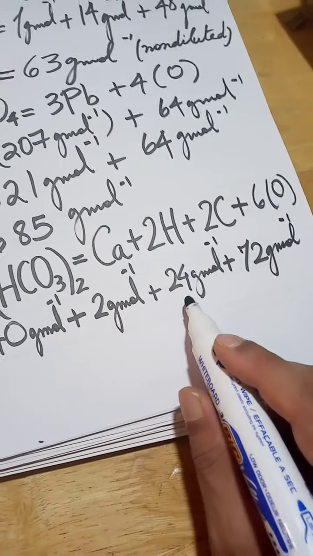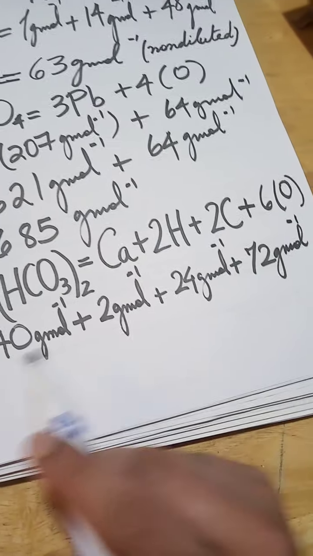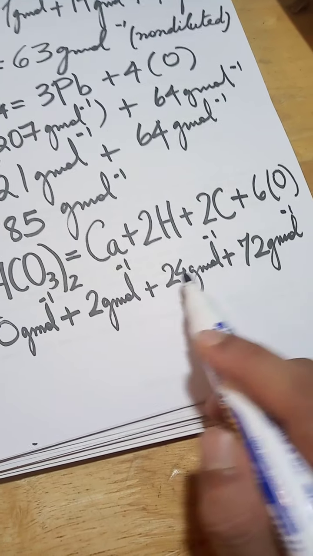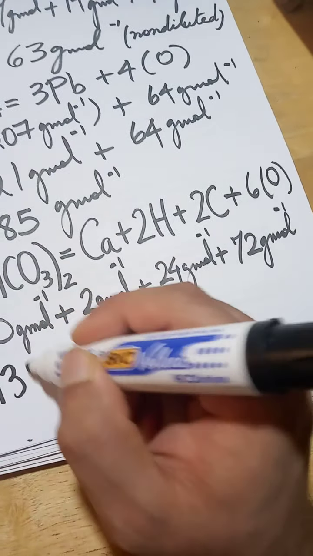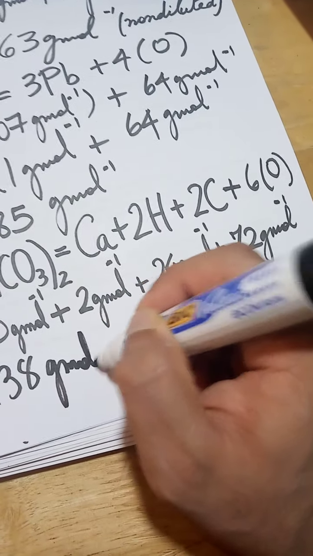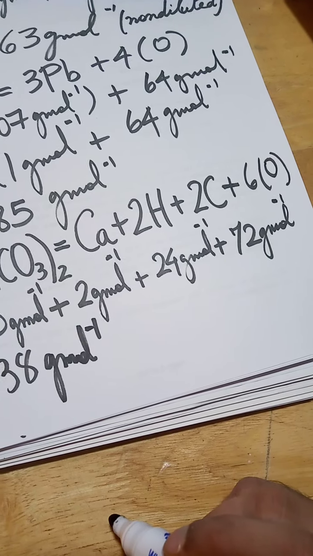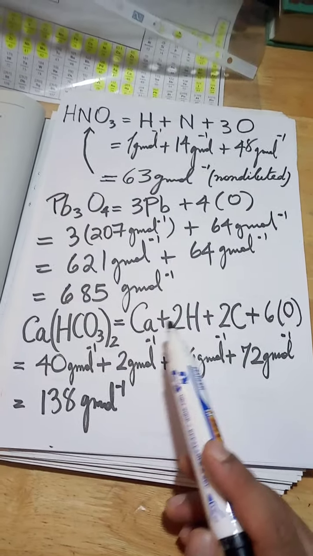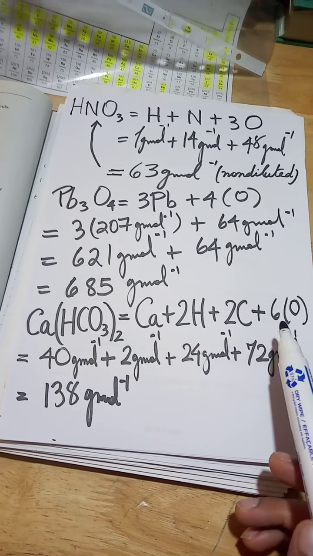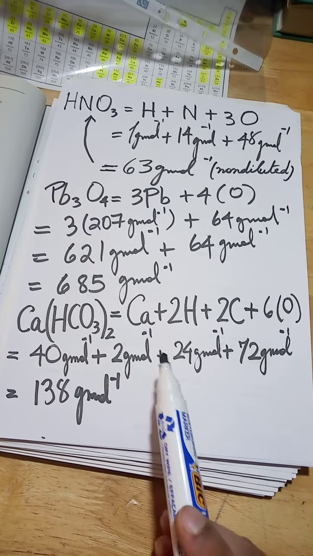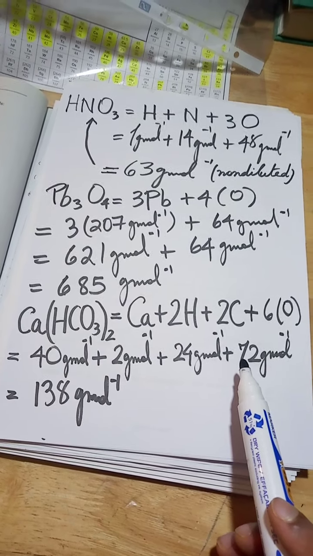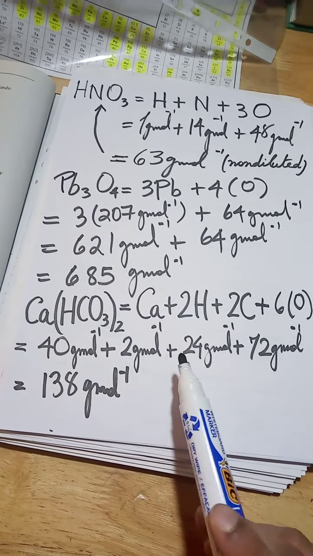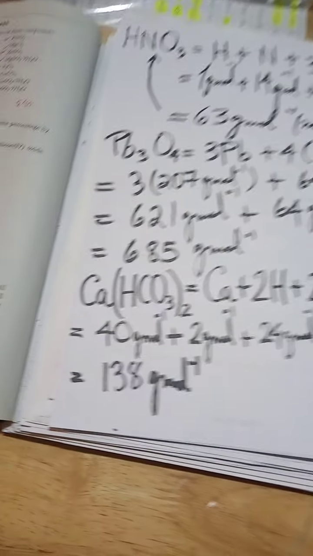So that's 40, 60, 130, 132, 136, 138 grams per mole.